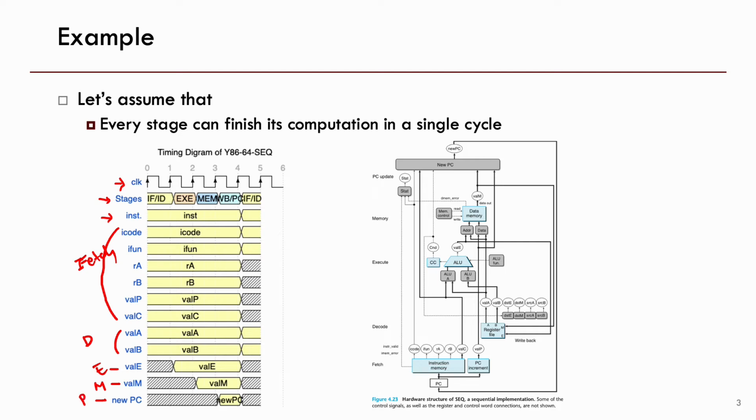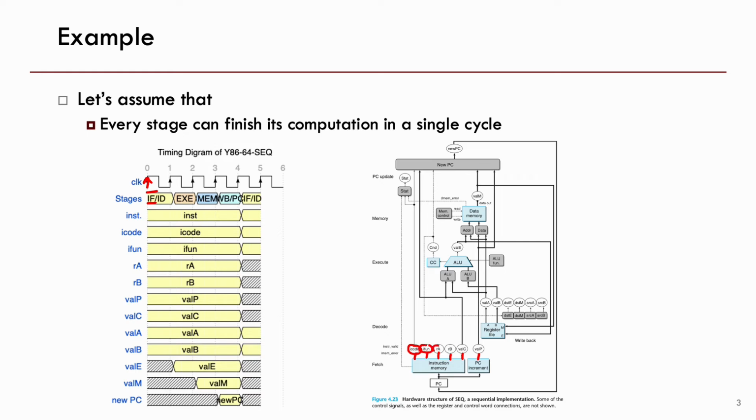So let me clear this ink and then annotate again. Okay. So for the first edge at cycle 0, we start executing instruction fetch, and we get all the information from the instruction memory and PC increment in a single cycle 0.